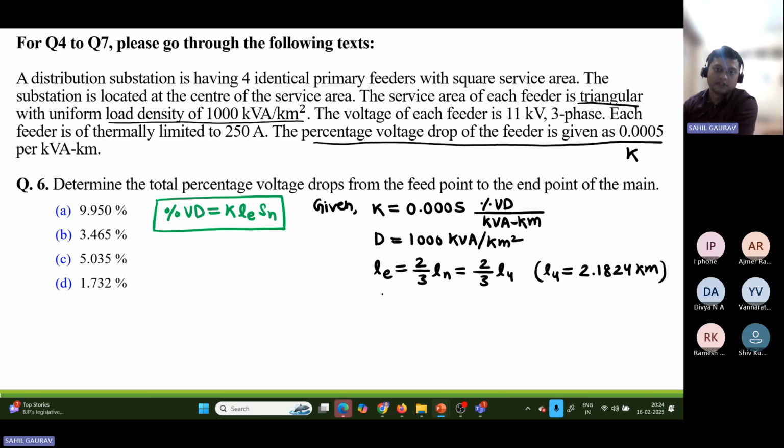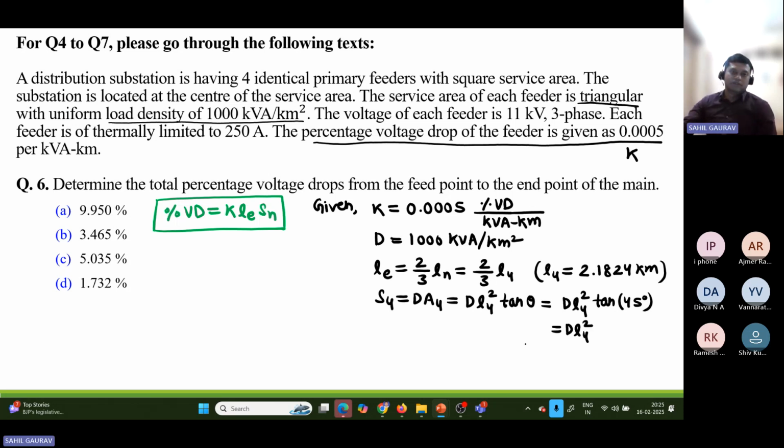And the next thing we have S4. S4 is D into A4. And for this square shaped substation service area, A4 is L4 square tan theta. And we know that for a square shape, tan theta equal to 45 degree, so it is D L4 square.